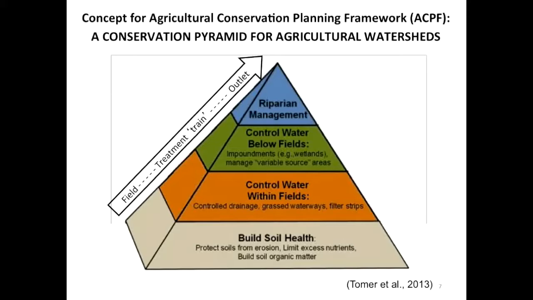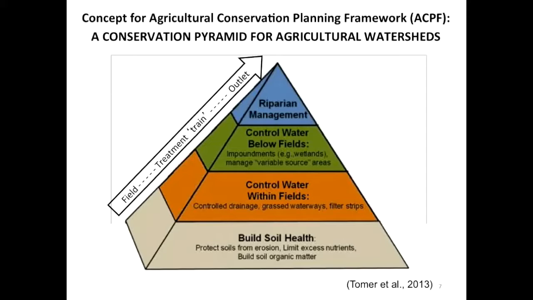So to take this concept, and I've got this arrow here on the side, looking at that treatment train, you can think about water quality improvement in a watershed as developing a set of opportunities along each flow path moving through a watershed to intercept and improve water quality.